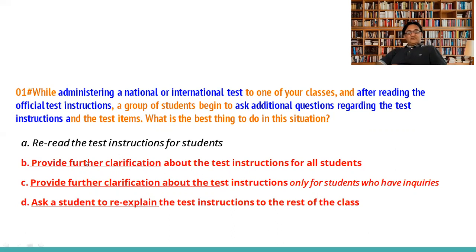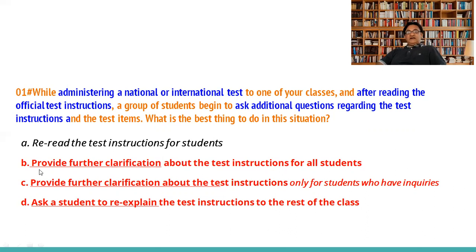So we'll talk about B, C, and D first. B: provide further clarification about the test instruction for all students. You are not allowed to provide any other or additional information unless there's a mistake or error. This is the benchmark for the assessment which has been set.